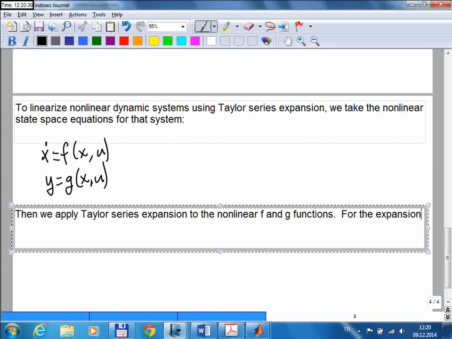For the expansion, we need to choose a base point x0 and u0. The expansion is performed over or around that point.